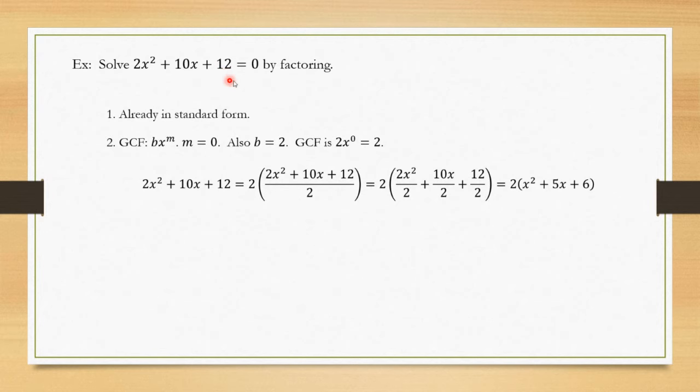If you were to list the factors of 2, 10, and 12, 2 would be the greatest common factor. And so our GCF is this, 2x to the 0, which is just 2.